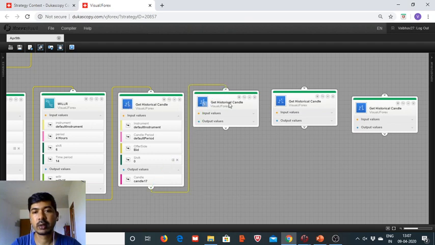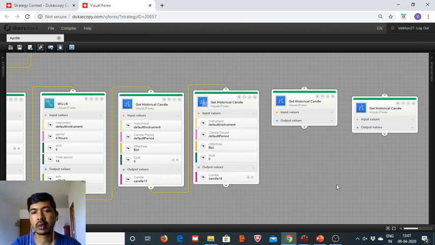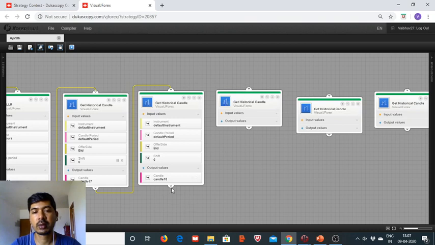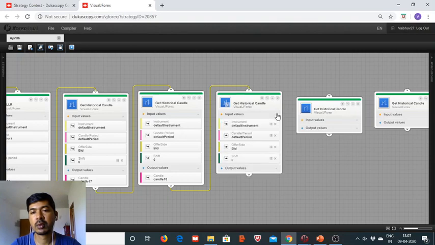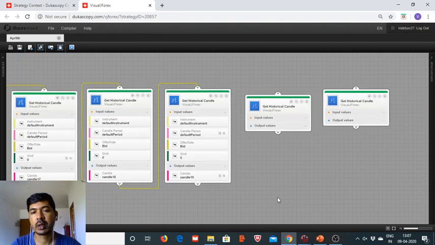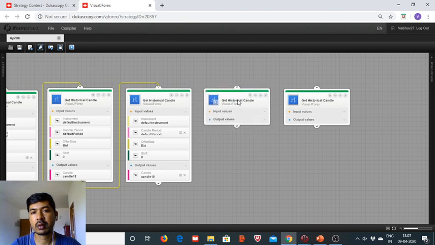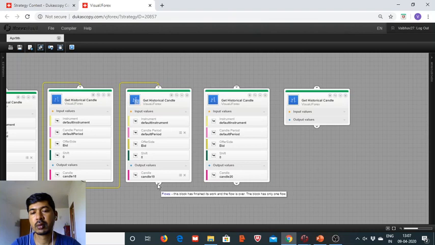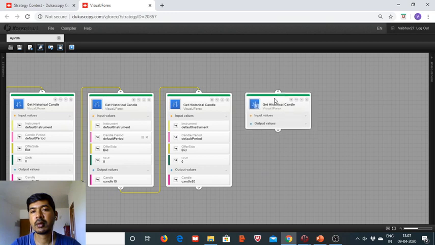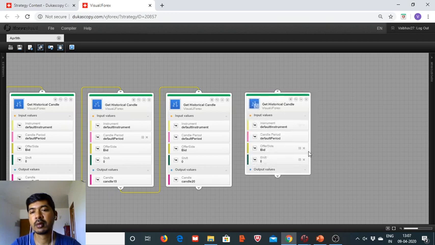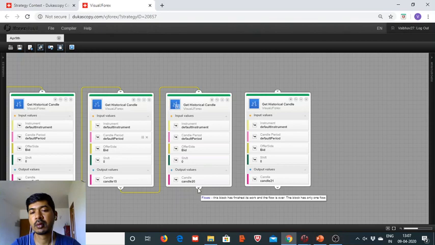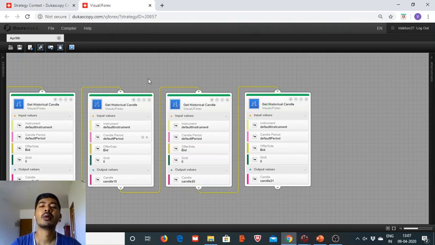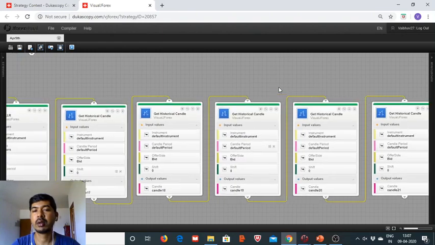Candle 17, candle 18, candle 19, candle 20, and candle 21.